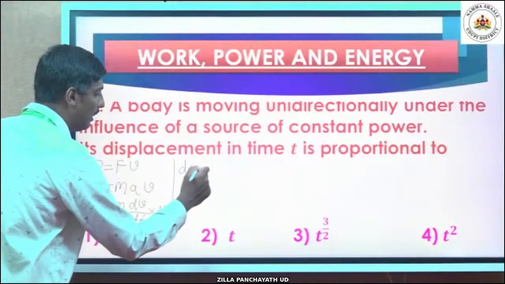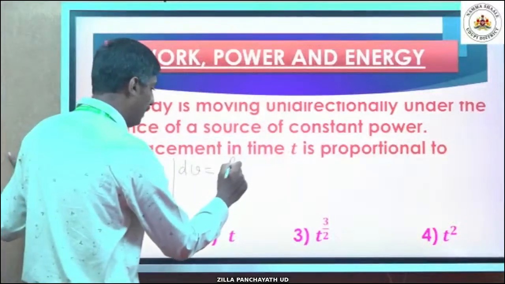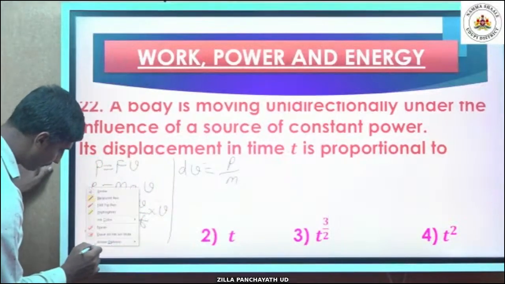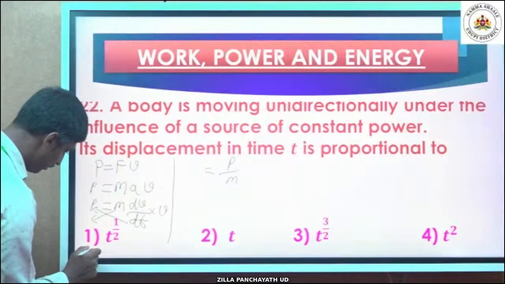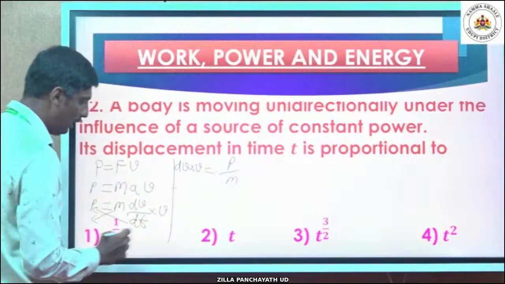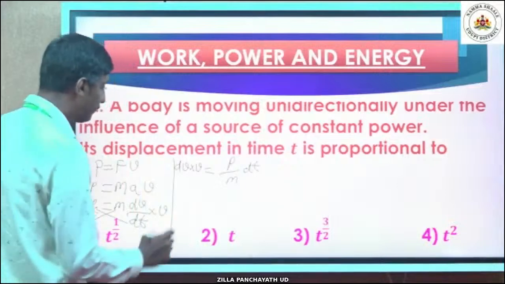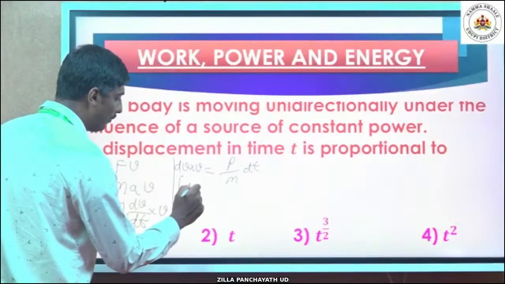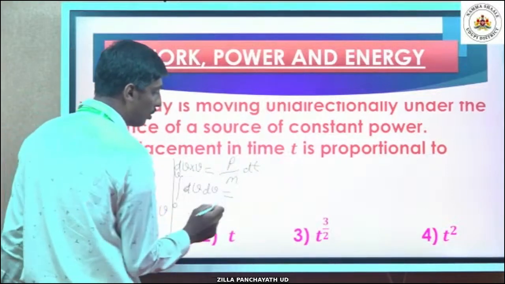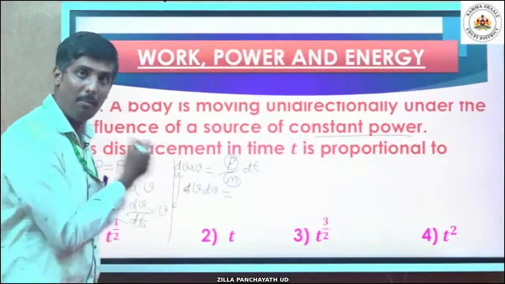Let me write directly, children. For dv, cross multiplication, see, all this comes here. So what is this? P by m, sorry, v dv, sorry, v dv, just a minute. v dv is equal to P by m into dt. Right? Now let us integrate here. Integration of v times dv from the limit 0 to v. This is equal to, now here see, we say power is constant, so this is constant, mass is also constant, so they will come out of the integration.